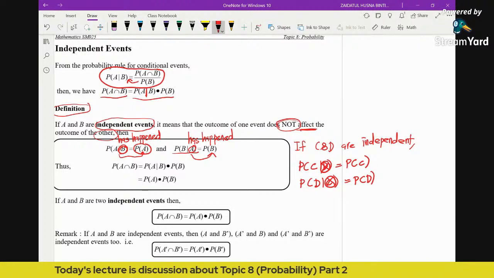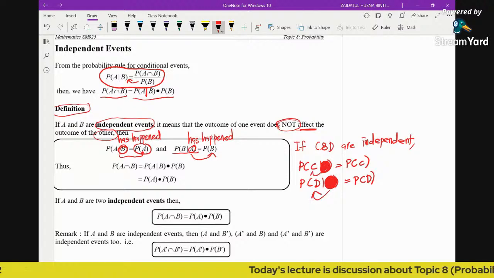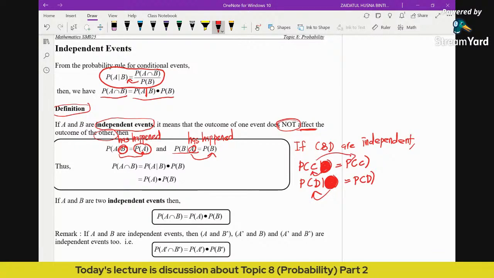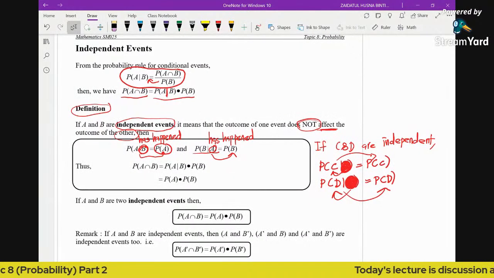Whatever event has happened at the back will not affect the event here. That's why P(C given D) is equal to P(C), and probability of D given C is simply equal to probability of D. That is the definition of independent events.